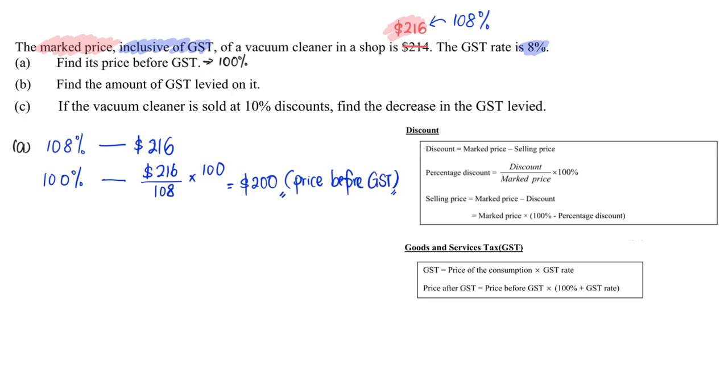Do include statements like this, as it helps us to keep track of what the price represents. Part B, then what is the amount of GST levied on it? Okay, so for the GST, right? If the price without GST is $200 and the price with GST is $216, how can then I find the amount of GST?